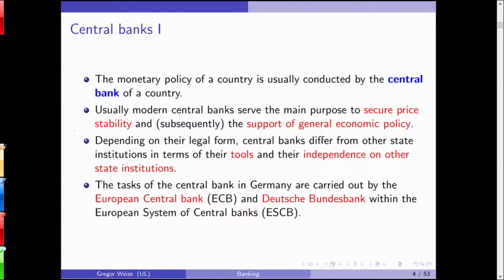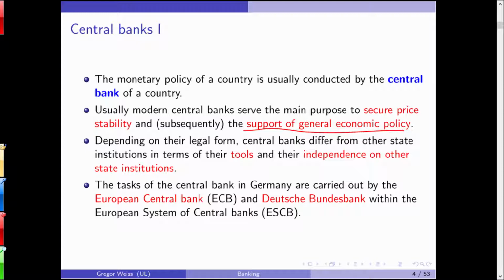Usually, the second most important goal of a central bank is the support of general economic policy. So usually a central bank will try to fight inflation and to secure price stability. And if it's possible to secure price stability, to guarantee that inflation does not increase by too much, and still support the general economic policy of the government, the central bank will, of course, try to do so.